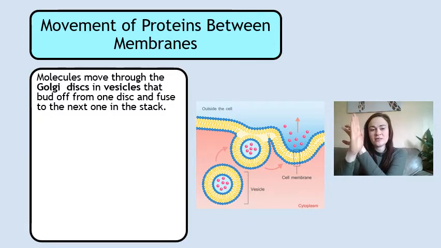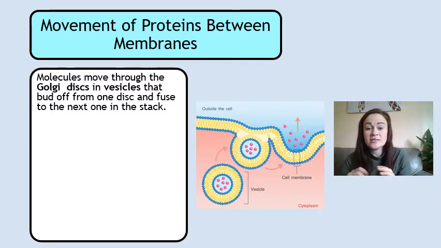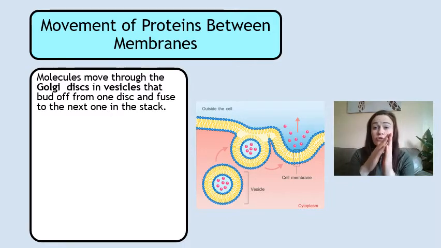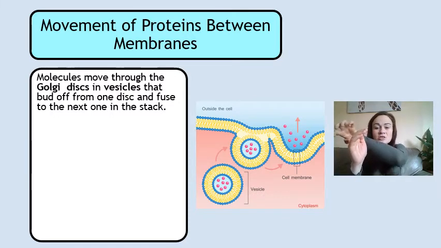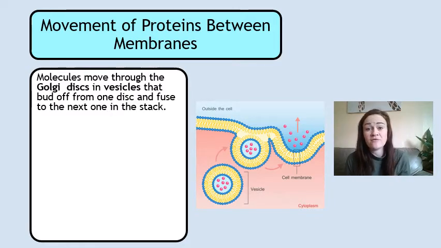But it's now got to move from one Golgi disc to the next. So when it gets to the end of a disc, a new vesicle will bud off and travel to the next disc. Then it'll fuse with the membrane of that disc and release the contents inside it.